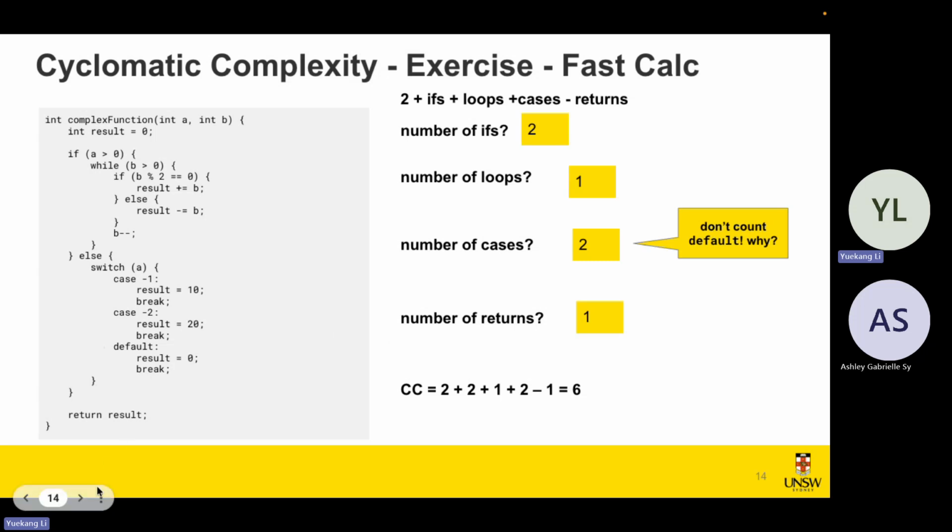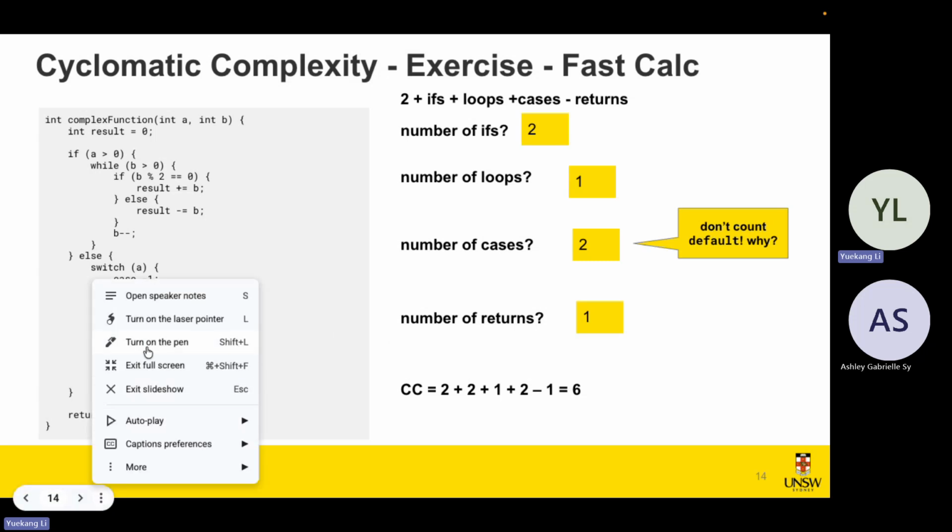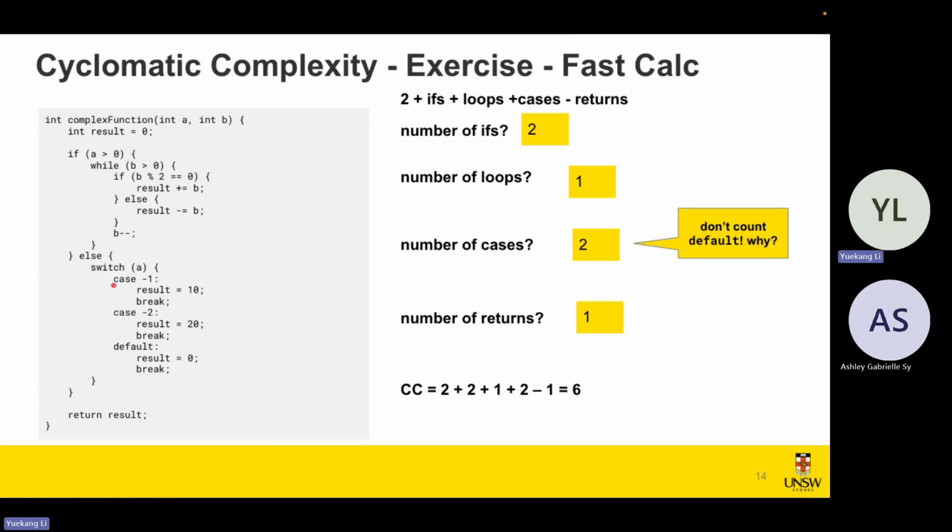Why? The reason is that imagine we have one switch block. Let's consider this extreme case. Imagine we have this one switch block without any case. It just has a default inside this switch statement. Then there's no branching inside this switch block, right? This switch block essentially becomes just one single big basic block.